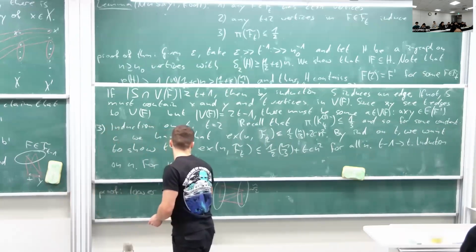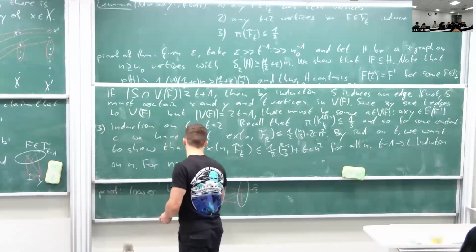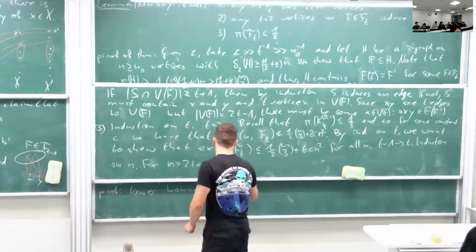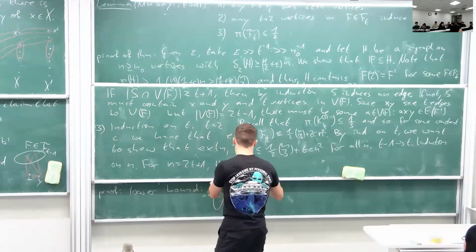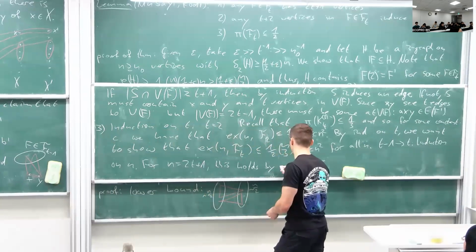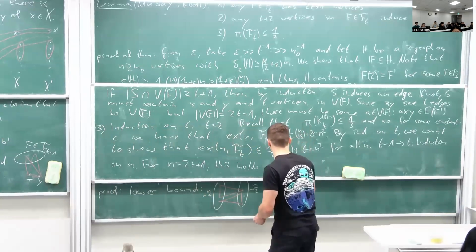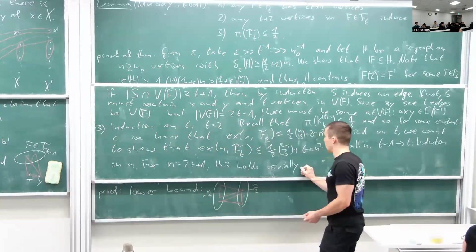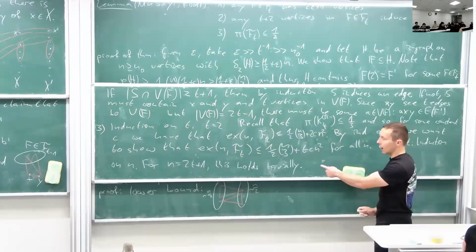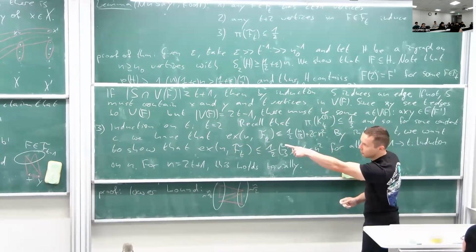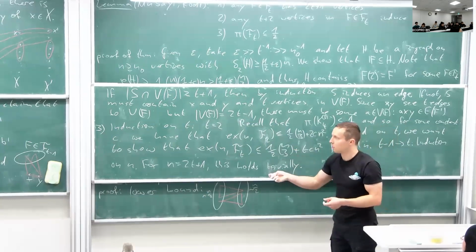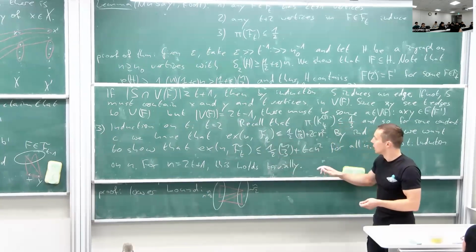For n equals 2t plus 1, this holds trivially, because our C, right, that's why before I said that it should maybe be greater than 2.